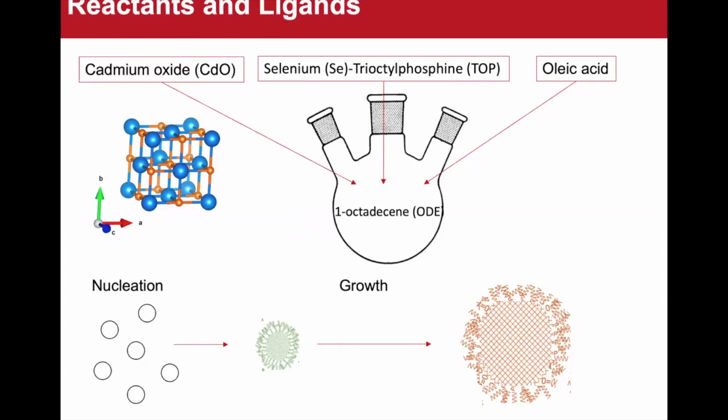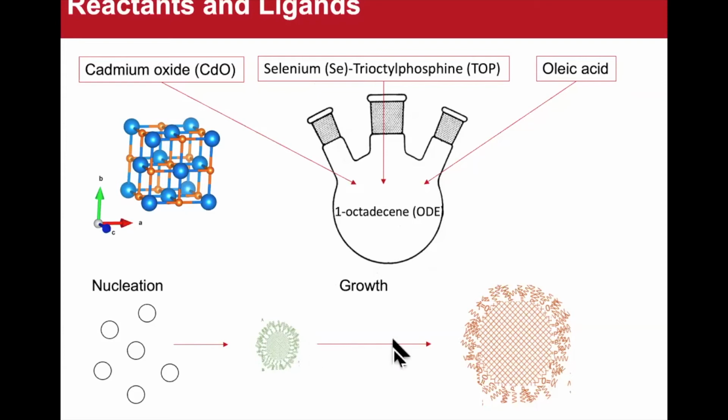So for cadmium selenide, in a solution of 1-octadecene, or ODE for short, we have cadmium oxide as well as oleic acid, and we'll inject selenium in a solution of trioctylphosphine. And then after nucleation, we'll have small particles that form like this with oleic acid as the capping agent.